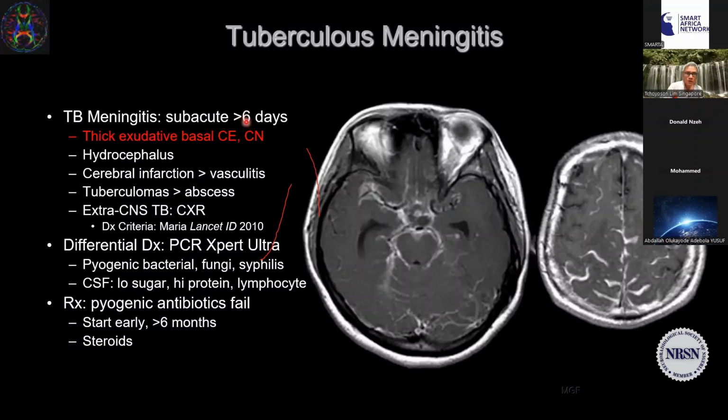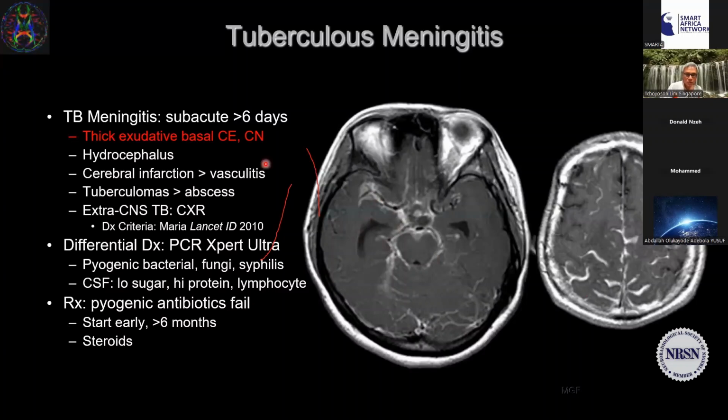The sine qua non for TB meningitis is a thick exudative contrast enhancement, particularly in the basal cisterns of the CNS, such as here. So you see thick enhancement outlining the basal cisterns and the Sylvian fissure, as well as hydrocephalus.